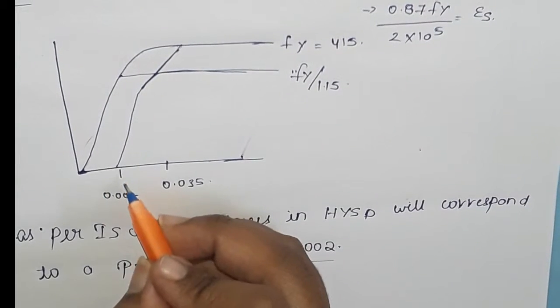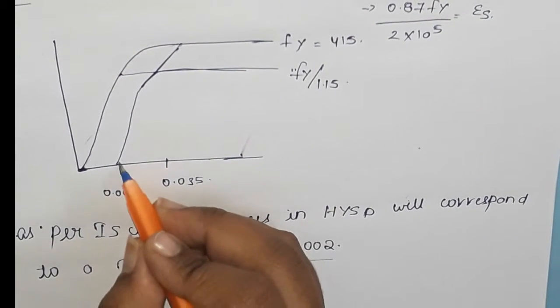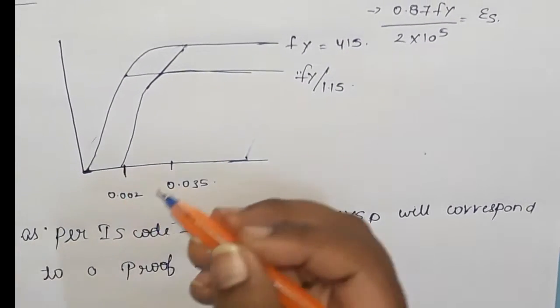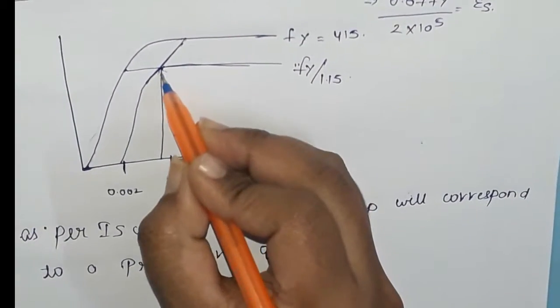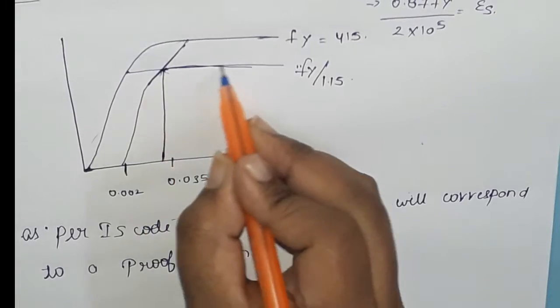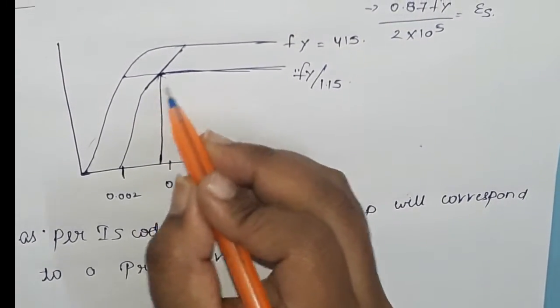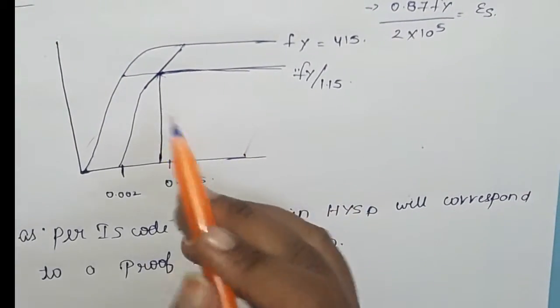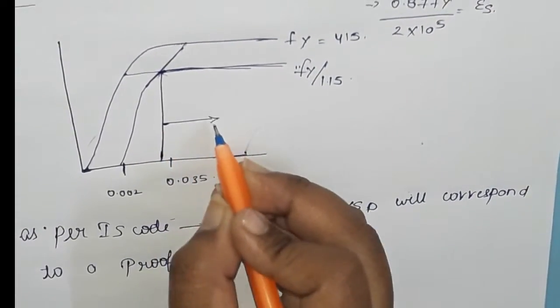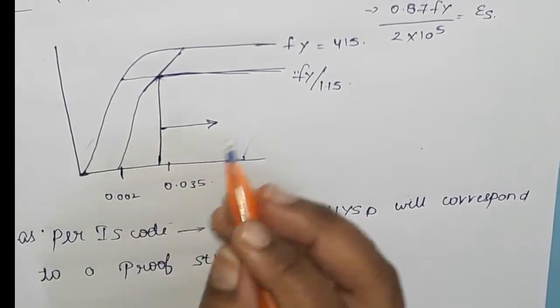So always an HYSD bar is going to have a proof strain of 0.002, and from this point onwards, this line is similar to the stress strain curve in terms of Fe 250.